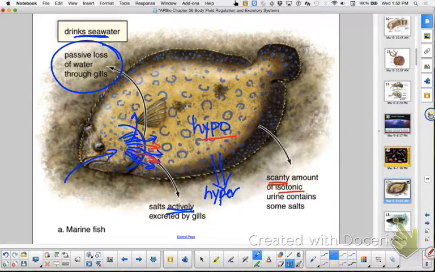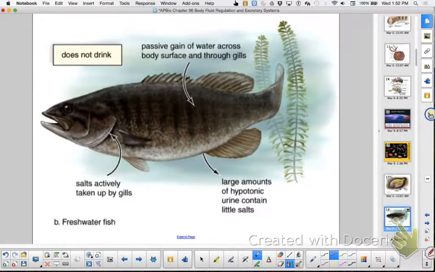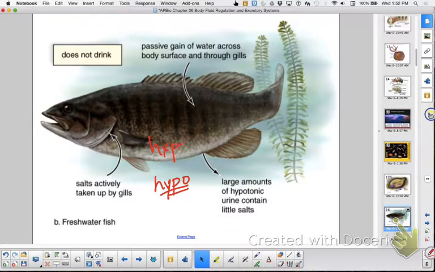You're going to have the opposite problem for your freshwater fish. Hopefully these things make sense. If you're a freshwater fish, your environment is hypotonic and your body is hypertonic. Water must flow from the hypo, so you're going to have an issue of too much water, and you're going to want to get rid of that excess water, so that's why you have large amounts of hypotonic urine.